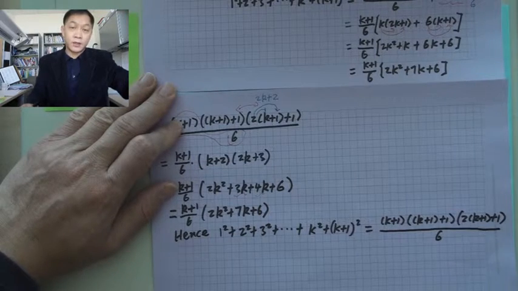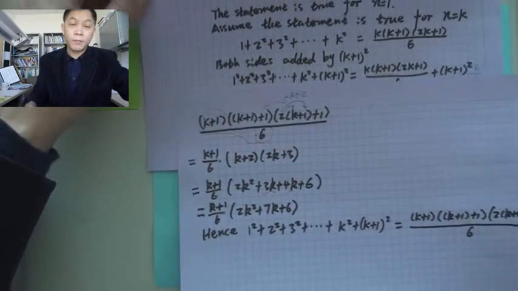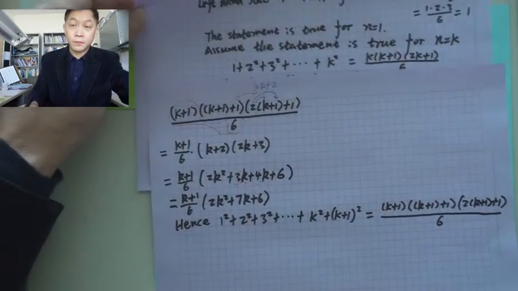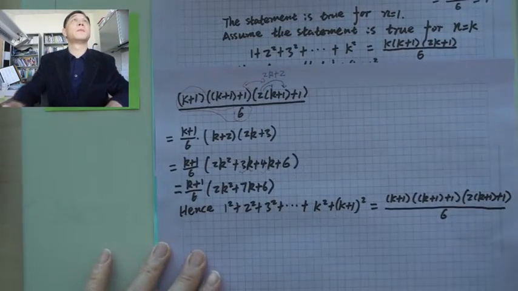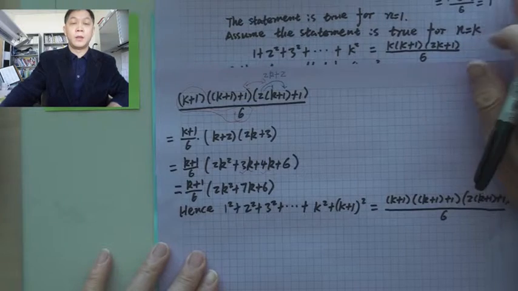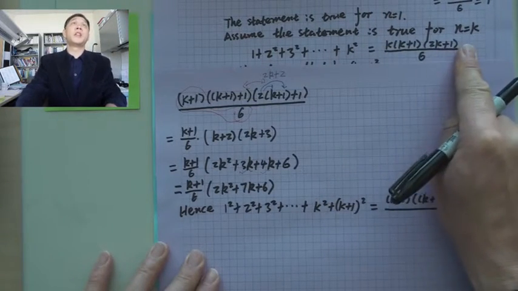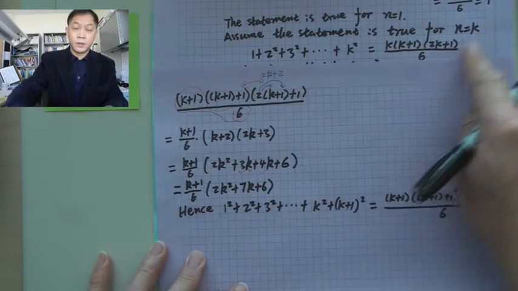So what do we get? What we get was, assume the statement is true for n equals k. We assume this is true.